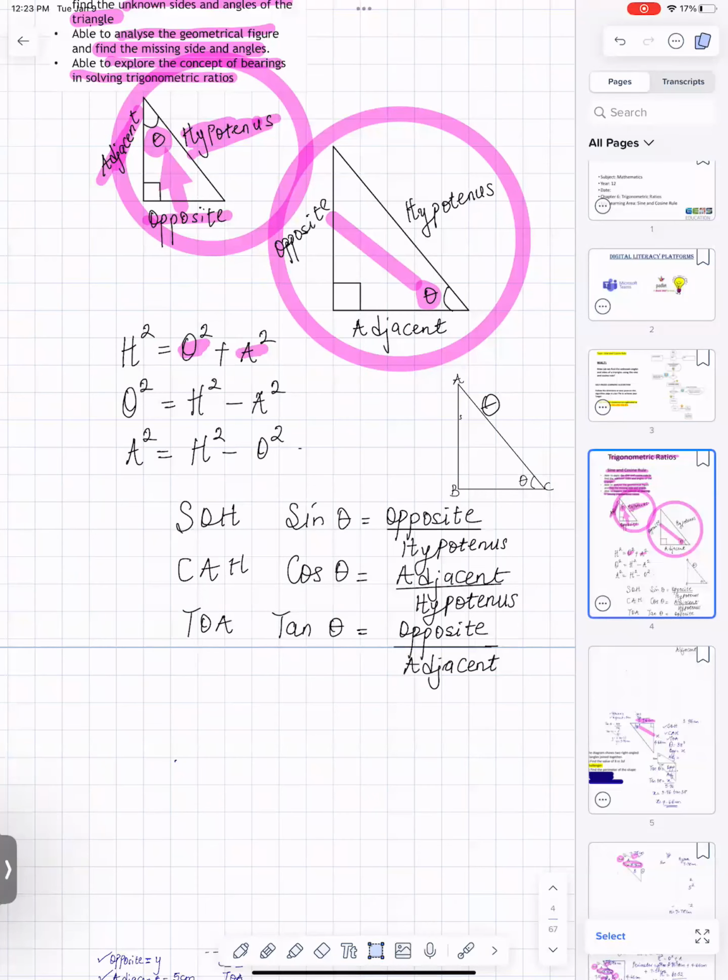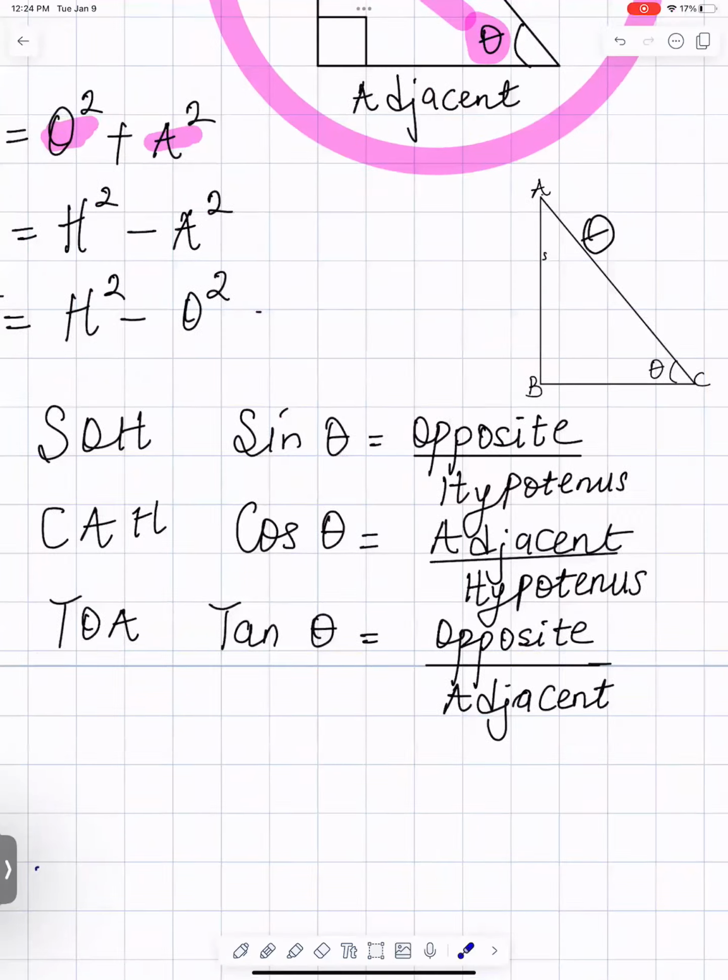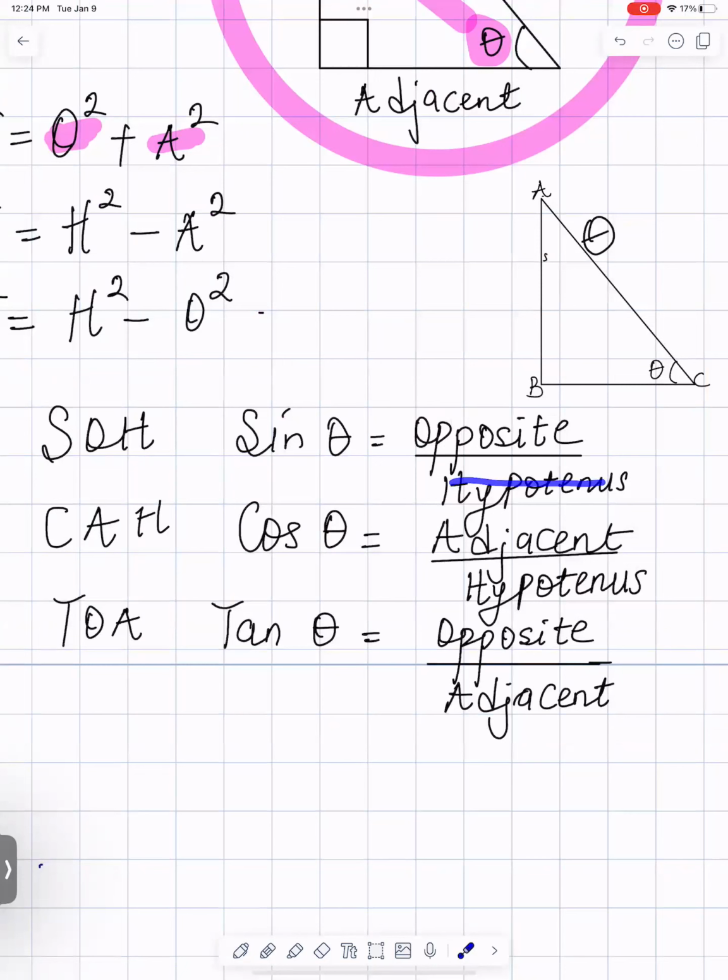So we have sine theta as opposite divided by hypotenuse. So this is our SOH principle: opposite and hypotenuse for the sine of angles.